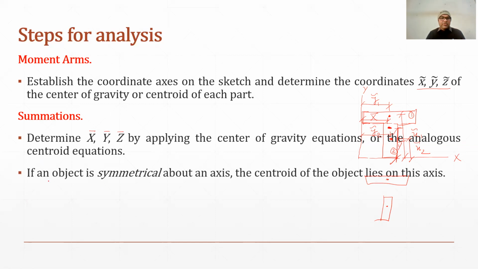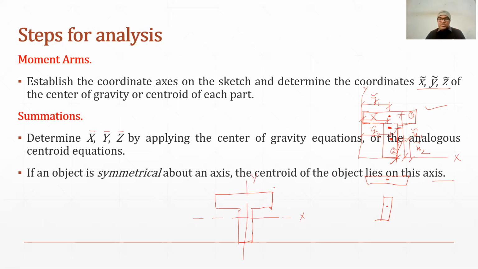Once we find that, as it is written here, if an object is symmetrical about an axis, the centroid of the object lies on this axis. Say, as we have taken the example of this T. You can see this T shape is symmetric about one axis. Say if I make the x-axis and y-axis, you can see this is the y-axis, this is the x-axis.